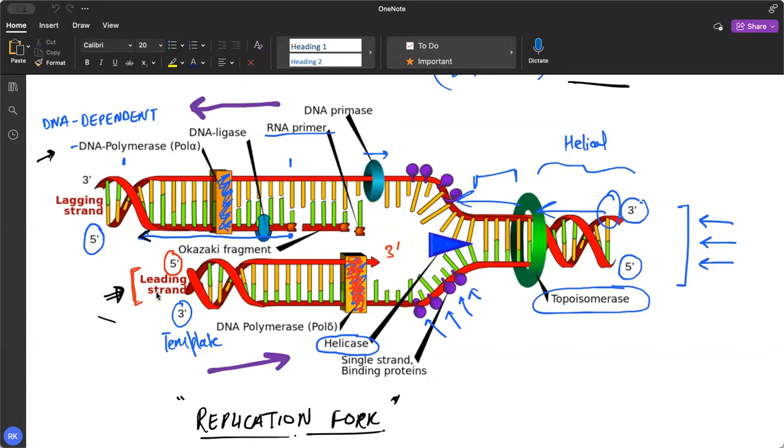Both the strands, when they replicate, will have a 5' to 3' direction. But taking the parental strand as the template here, when the parental strand is 3' to 5' or 5' to 3', which one is leading and why is it called leading?